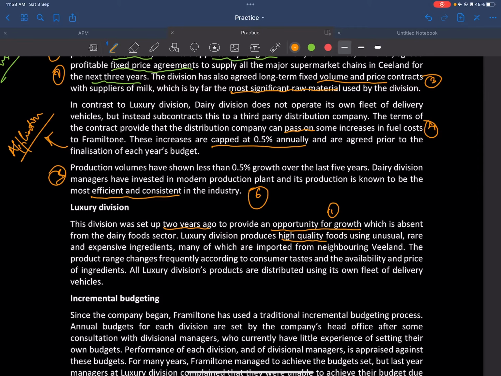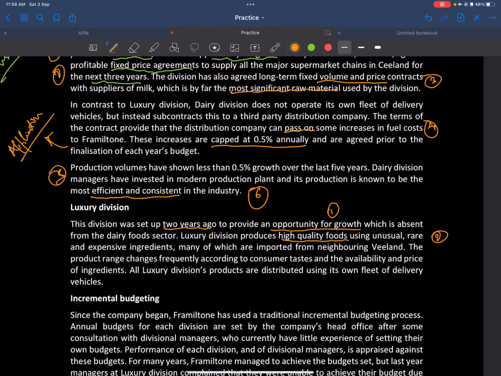It produces high quality foods using unusual, rare, expensive ingredients, most of which are imported. Okay, I would definitely write these things. So unusual, rare, expensive ingredients, most of which are imported from neighboring land, right? So it's importing from Vland. Okay, so that's what's happening.